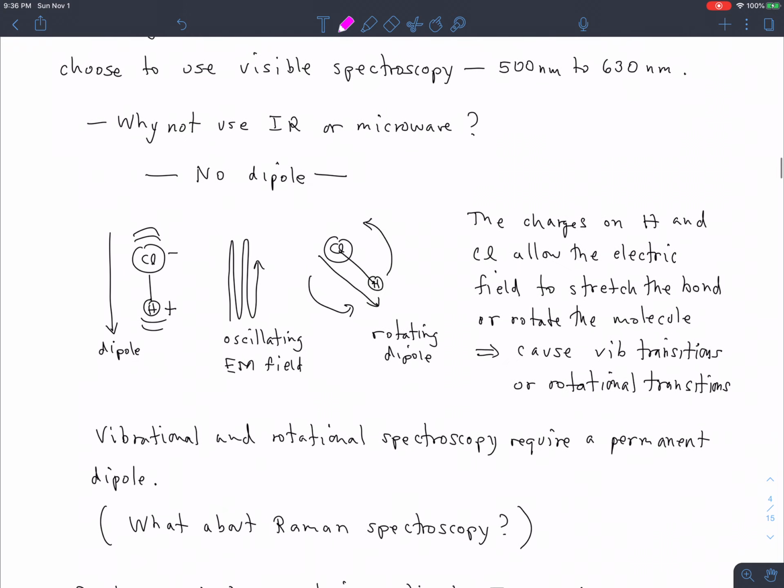So let's see why. Let's suppose you have a molecule with a dipole, like HCl, and now you send in an oscillating electromagnetic field. That's what a light photon is.